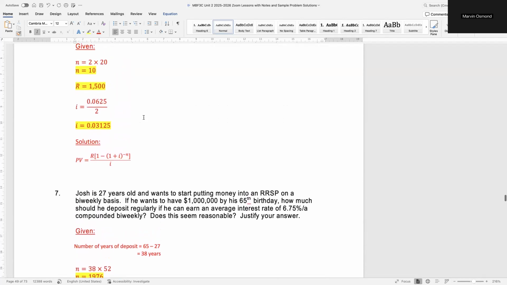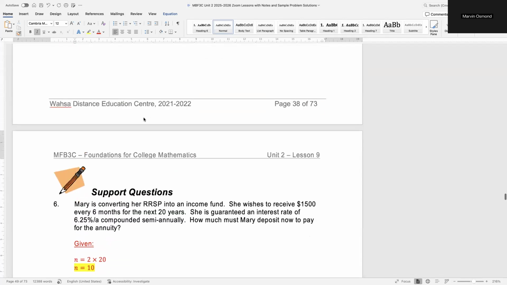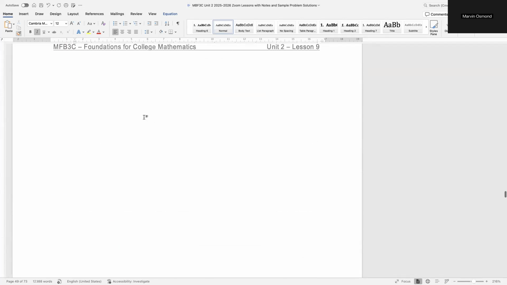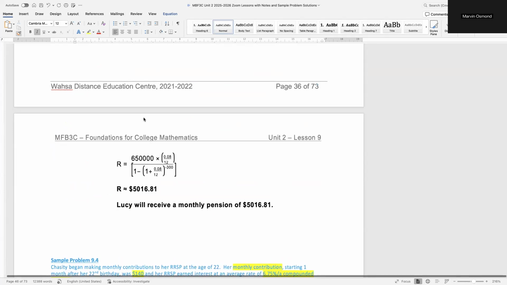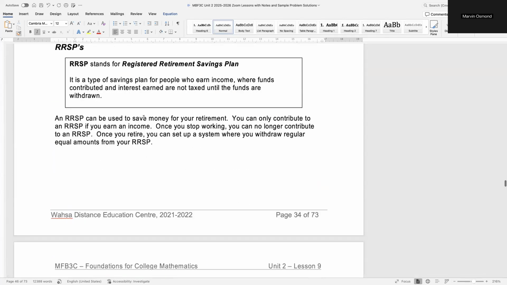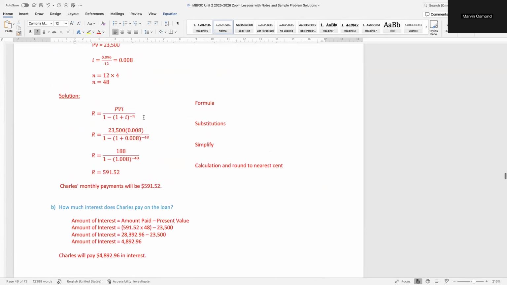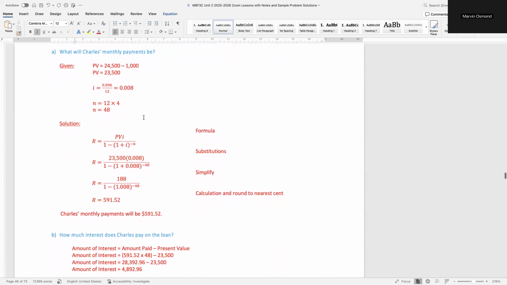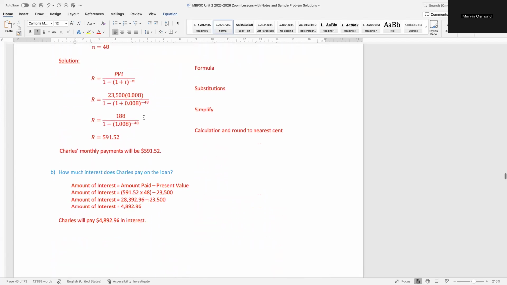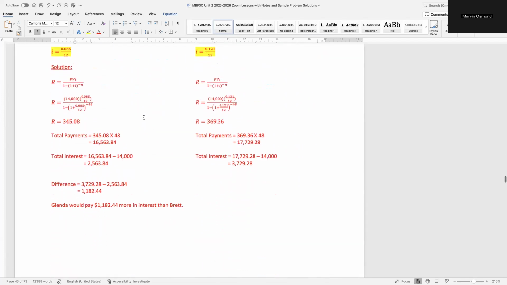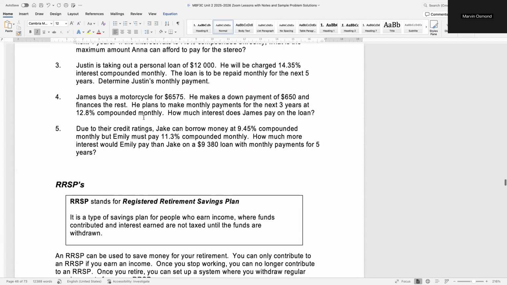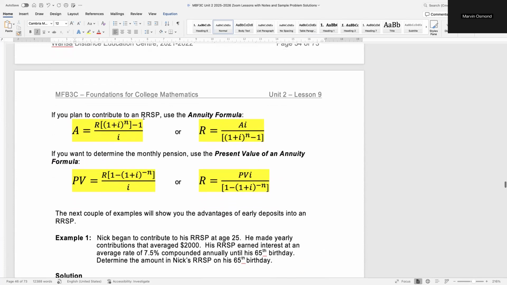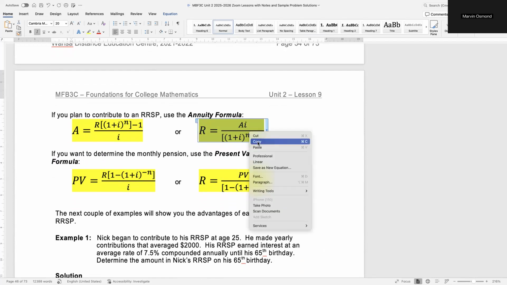Okay, so the R value, actually, no, we're going to use a different formula now, because we're talking about the amount now, not the present value. So R, we have to use this formula right there.